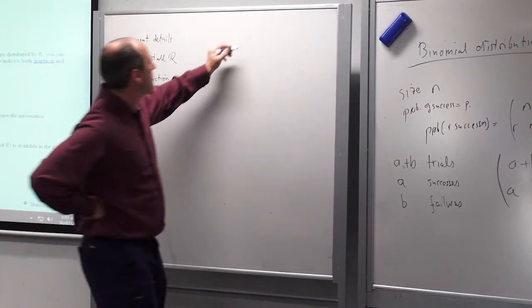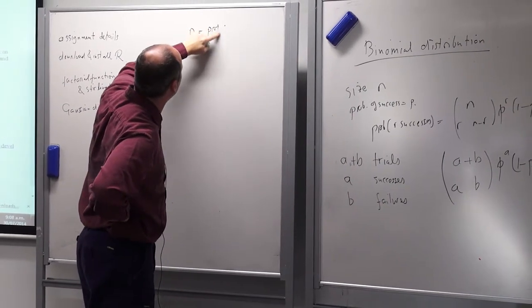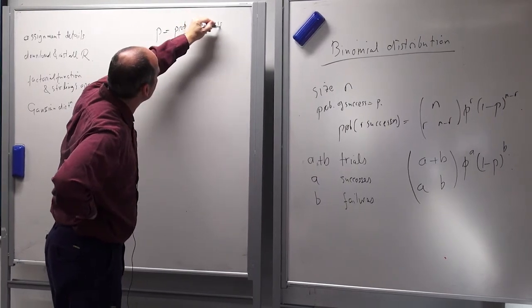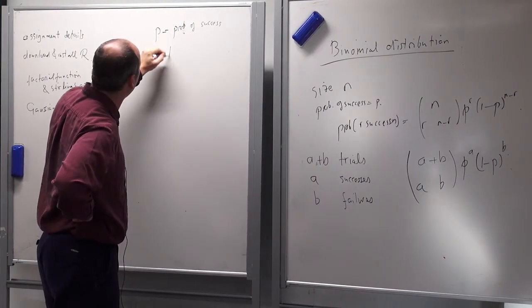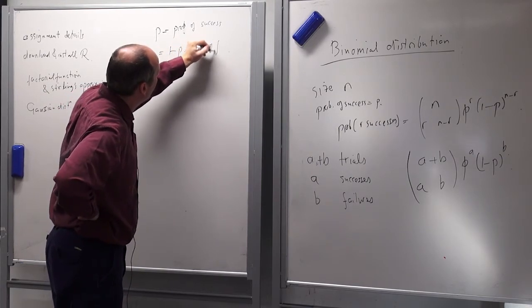And I can further simplify it by writing p equals the probability of success. And I'll say that q equals 1 minus p equals the probability of failure.